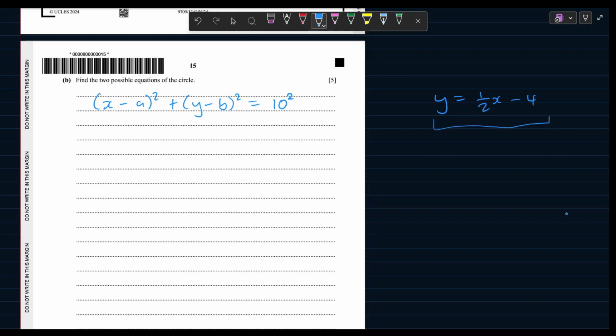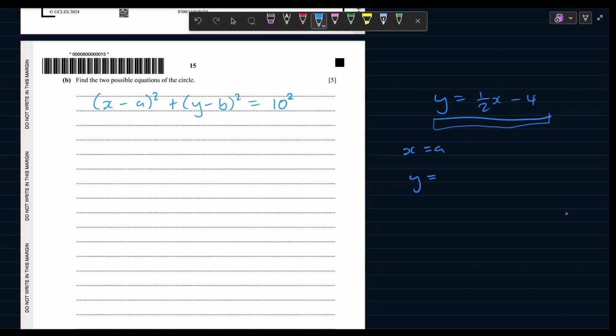Using this equation, we can get the general coordinates of the center of the circle because we know that the center of the circle lies on this line. So if we said, for example, we could say that x is equal to a. All right, we need to get the y coordinate. So let's substitute into this equation.